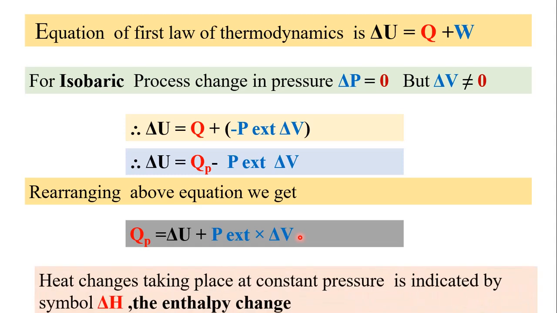But QP is nothing but heat absorbed or heat evolved. That means heat changes taking place at constant pressure is indicated by the symbol delta H, and that delta H is called an enthalpy change.